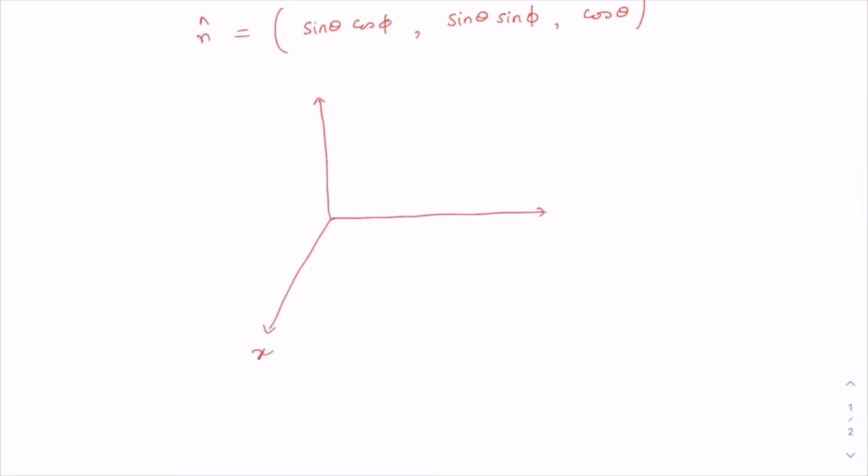This is my x-axis, this is y, and this is z. So any arbitrary direction n cap is defined by this angle, this is the theta angle. I am sure all of you know I'm just talking about spherical polar coordinates here. And this is the angle phi.